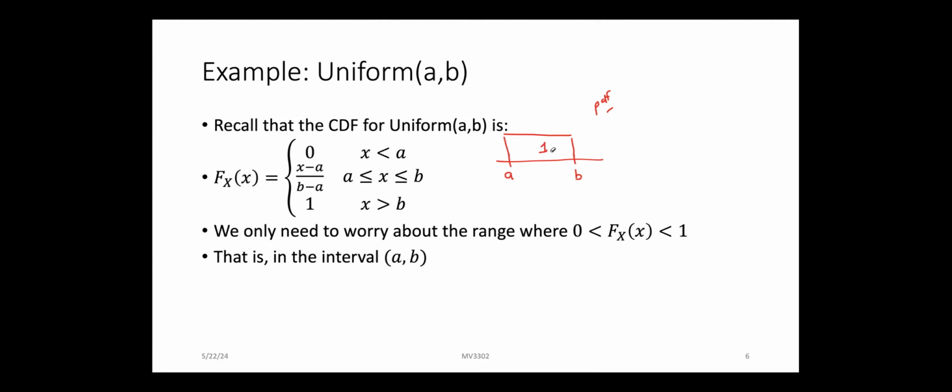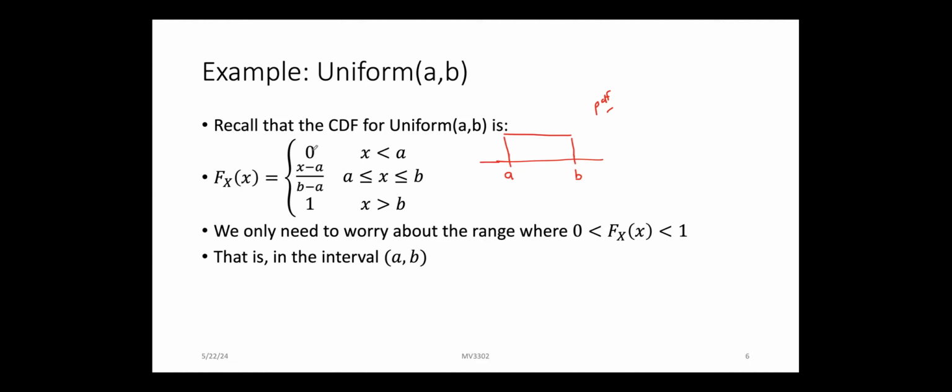Now the thing to understand is that both these PDFs and CDFs are defined over the entire real line. That isn't always emphasized a lot, depending on the probability course you take.